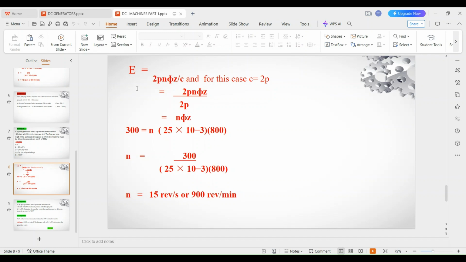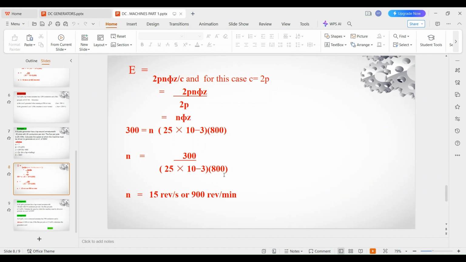Let me repeat. N in this case is speed. That is what we are looking for. Therefore, for us to get speed, we have to make N the subject of the formula after getting E equal to N phi Z. So when you make N the subject of the formula, N will be equal to E, that is the generated EMF, divided by phi, that is flux, multiplied by Z, conductors.